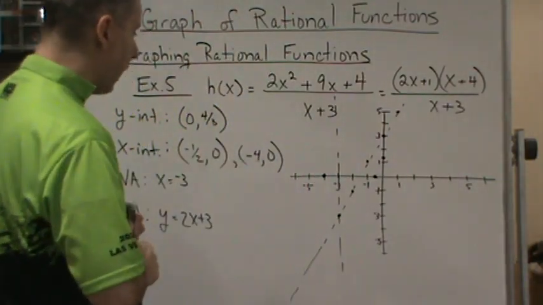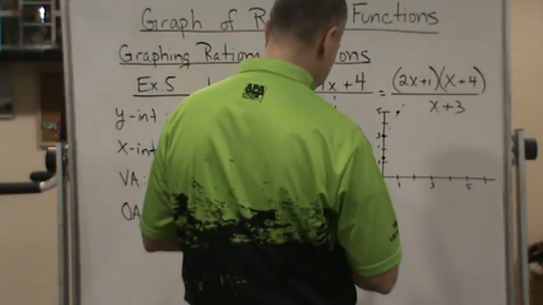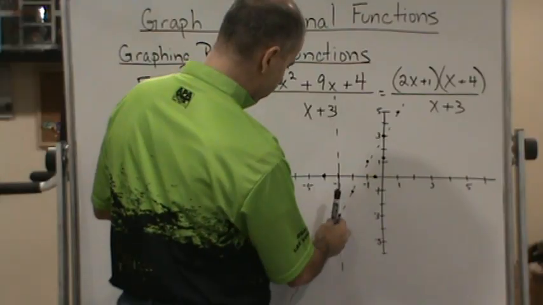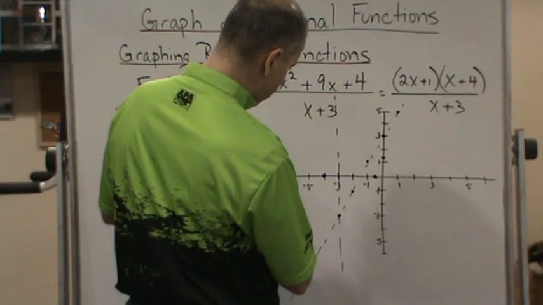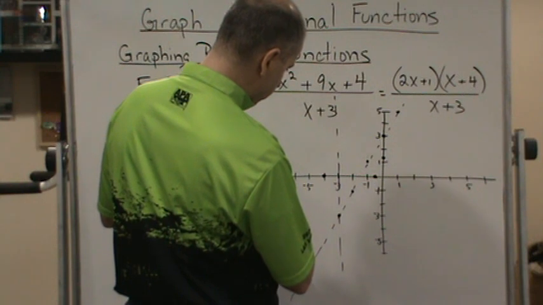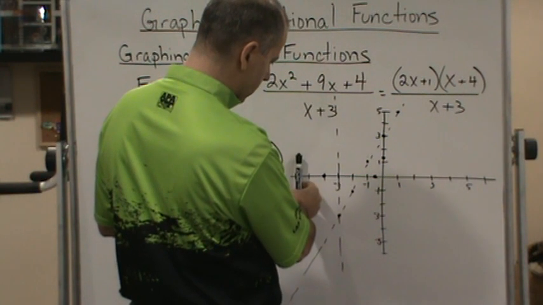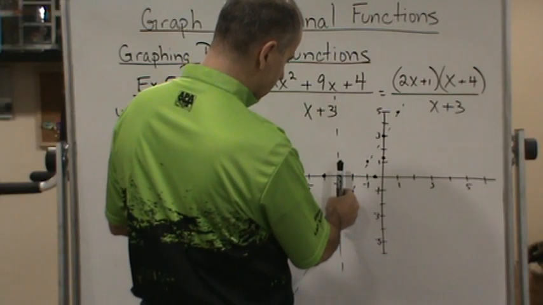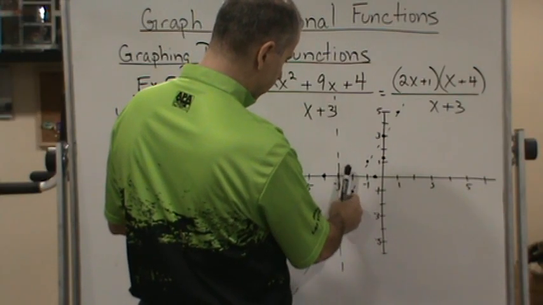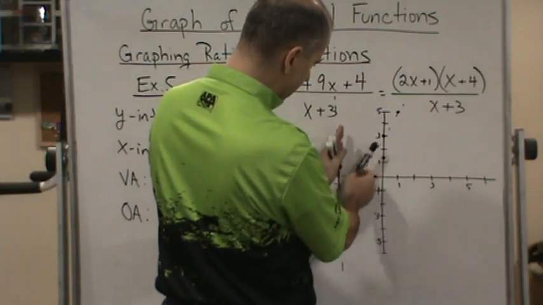All right, so now here's the thing. We've got this area here that we have to test, and then we've got this area here, right? What's going on in between these two asymptotes?